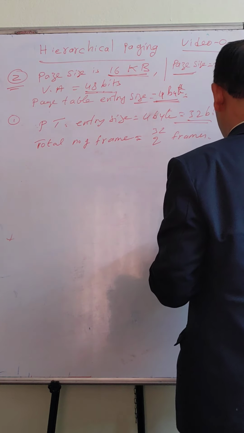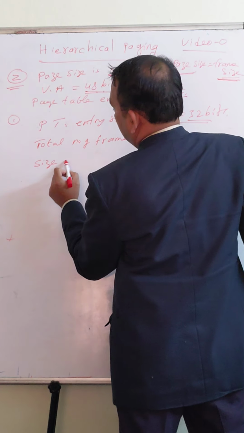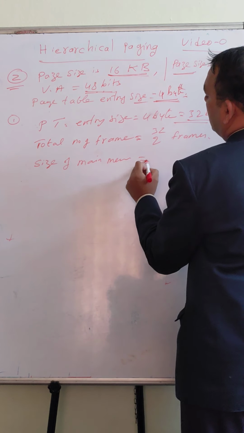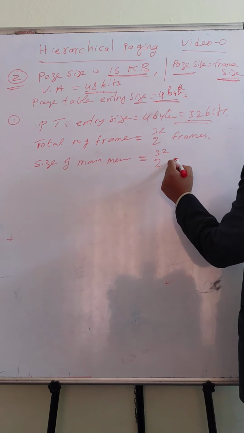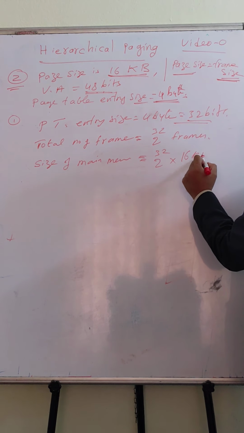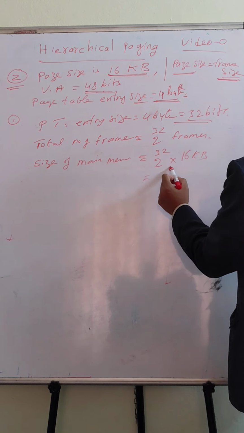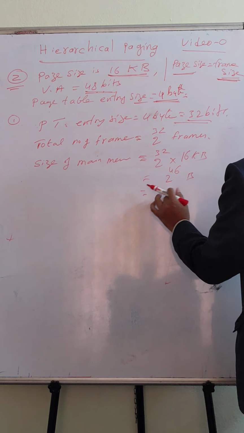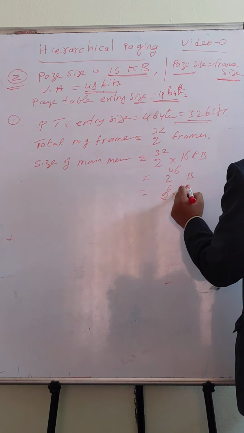And size of main memory: 2 power 32 into 16 KB. Just now we discussed it, so it is equal to 2 power 46 bytes. 2 power 46 means 2 power 6 into 2 power 40.